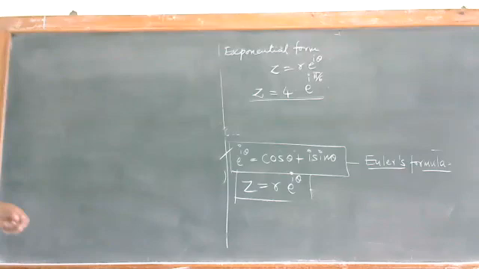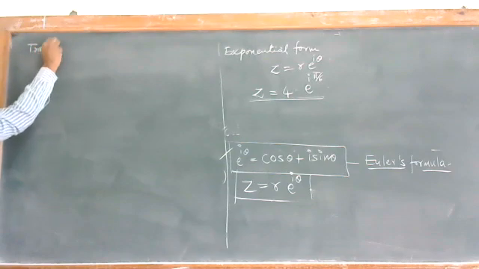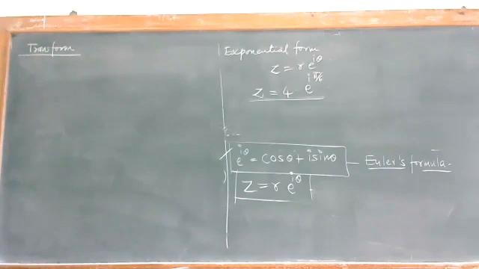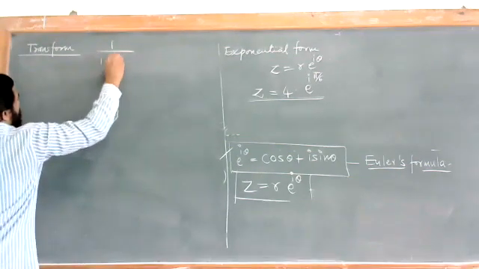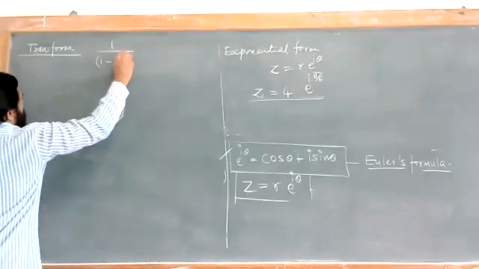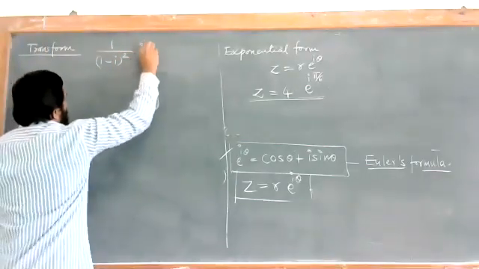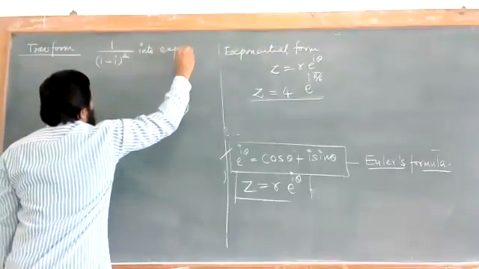So the problem is like this: transform the number 1 upon 1 minus i, bracket square, into exponential form.